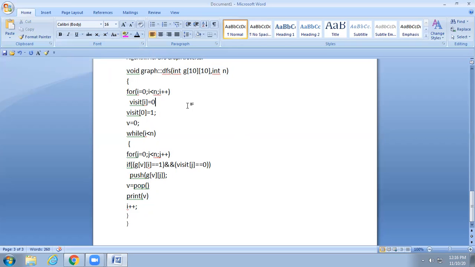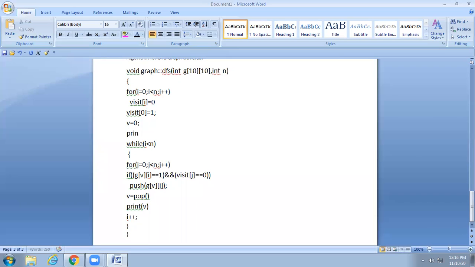When you put visit of I equal to 0, it indicates that the vertex is not visited. First we have to print the first node. What is the first node? 0. That's why visit of 0 equal to 1. So we make it v equal to 0 and I will print that node.